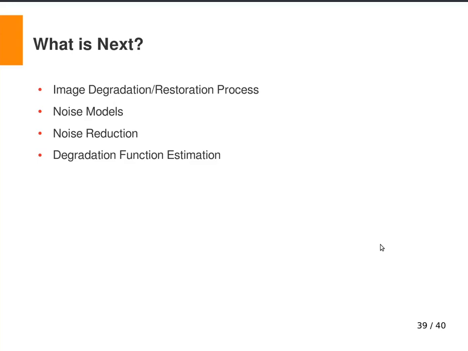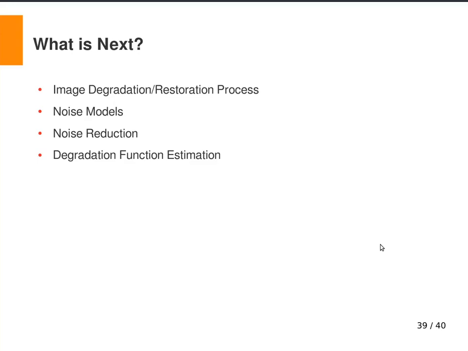In the next chapter, I'm going to talk about the image degradation and restoration process. Two types of degradation are going to be discussed. We have degradation as a result of noise, and we have degradation as a result of additional functions like blurring or motion artifacts.